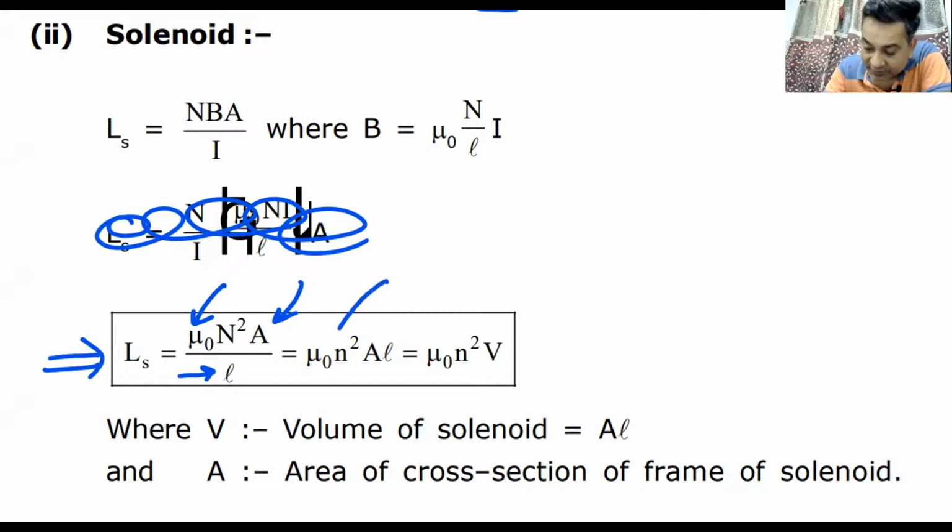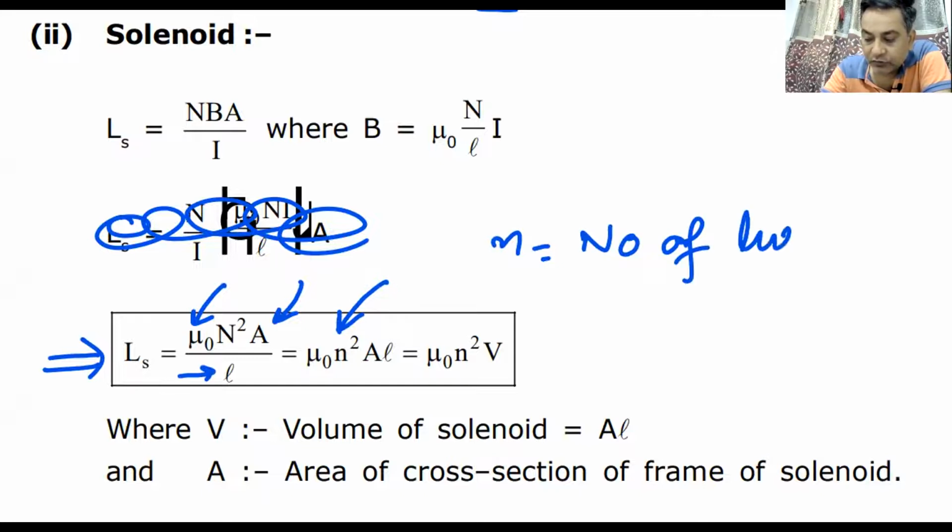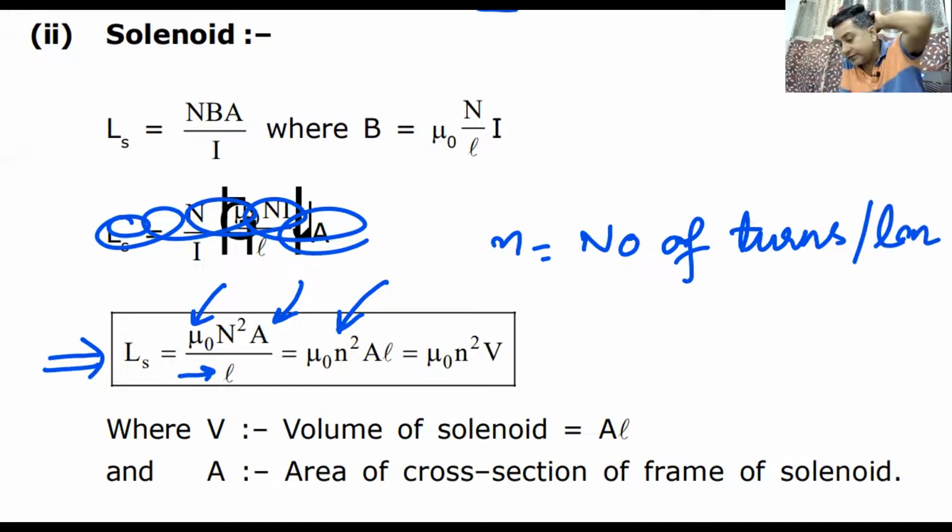You can also write it in terms of small n, where small n is the number of turns per unit length. So this is also one formula that comes. Capital N is the total number of turns. Small n is the number of turns per unit length. Do we understand this? I'll give you a minute to note it down.